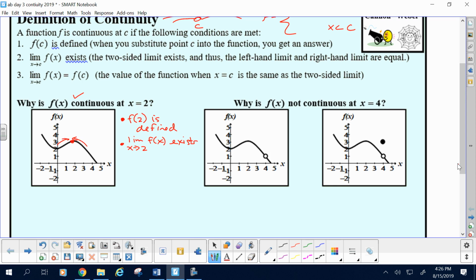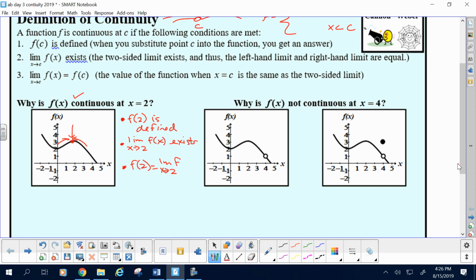Remember, the two-sided limit only exists if the left and right hand limits are equal, and I can see they are. And last but not least, I think you'll agree that the limit and the point are all one and the same, so because f of 2 equals what f is approaching as x goes to 2, it must be the case that f is continuous at 2. I could draw that curve without lifting my pencil.